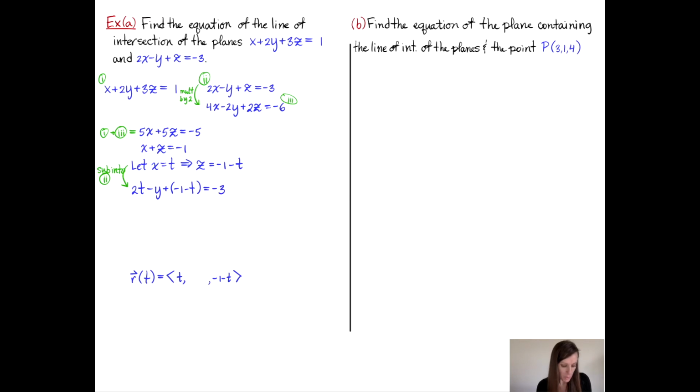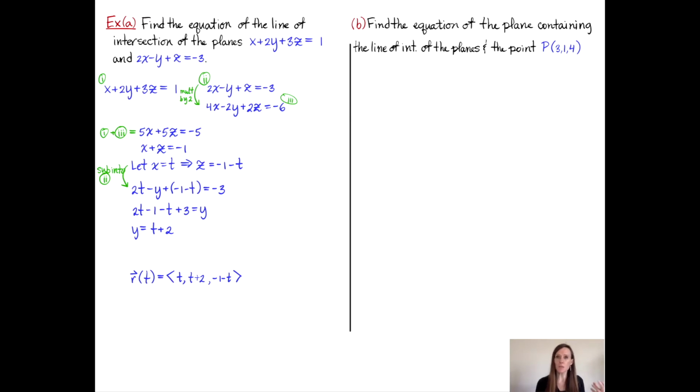So solving for y and getting everything else on the other side, we have 2t minus 1 minus t. Let's add 3 to both sides and then add y to both sides. And simplifying, we get that y is equal to 2t minus t is t, and then minus 1 plus 3 is plus 2. And so that is our y component, t plus 2. And now we have our line of intersection of the two planes.